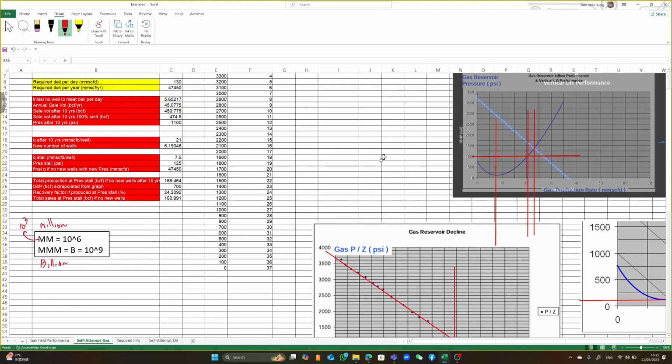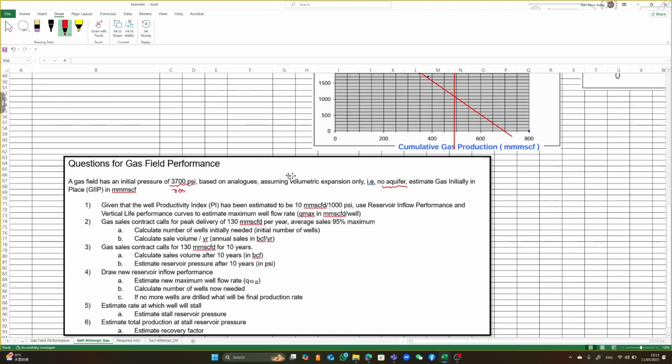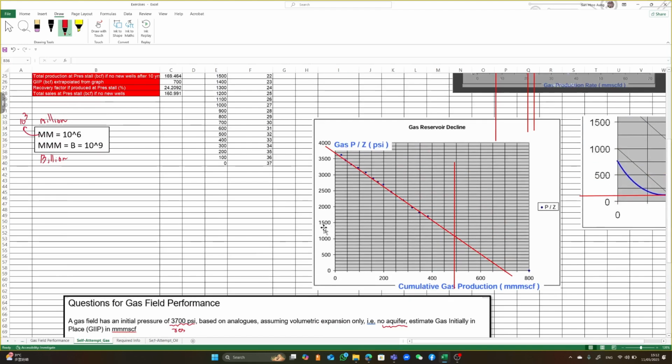Okay, so the question asks us to estimate gas initially in place, and they gave us this profile over here. It has no aquifer, as they said. So what do we need to do? Here we have a pressure declining trend, and as I said, we always have to start from the reservoir pressure, which is given as 3,700.